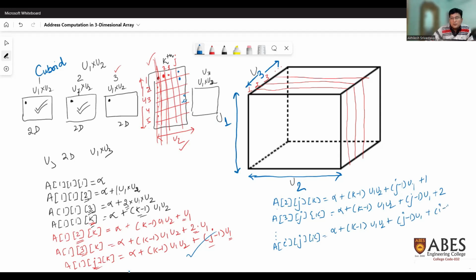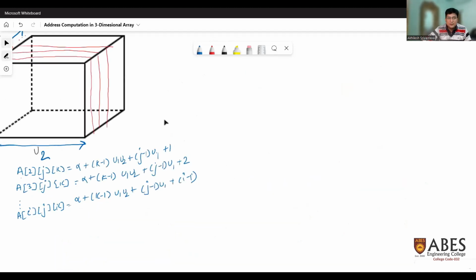I hope you have understood why we are applying the i minus 1. So in all this derivation, we have assumed that the array indexes are starting from 1, and every element is taking 1 byte for storage. These are the assumptions that we have made. Now, since we have to find the generalized formula, we will have to remove these assumptions.